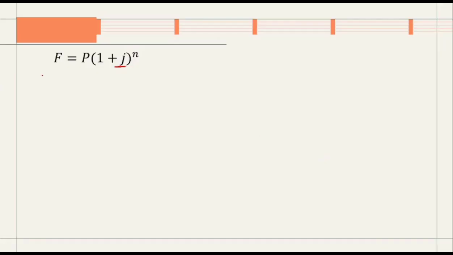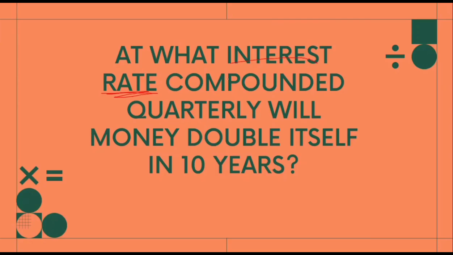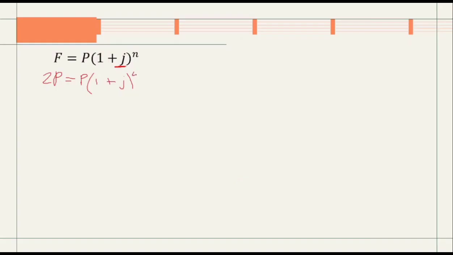So we can put here 2P equal to present value times the quantity of 1 plus j raised to the value of n, which is equal to 40, because it says here that compounded quarterly, so it is equivalent to 4 times 10 years, so 4 times 10 is equal to 40.